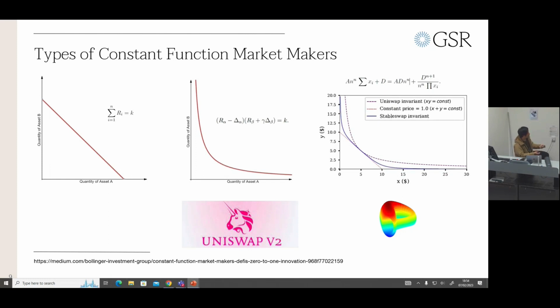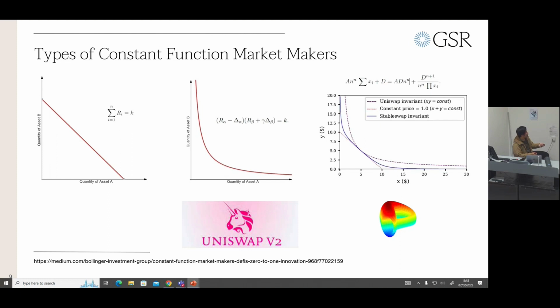What we try to do is use this curve to determine a price for us based on how much the user would like to buy. So let's say with our current inventory, we're at this part of the curve right now that creates this constant curve for us at this value of K.